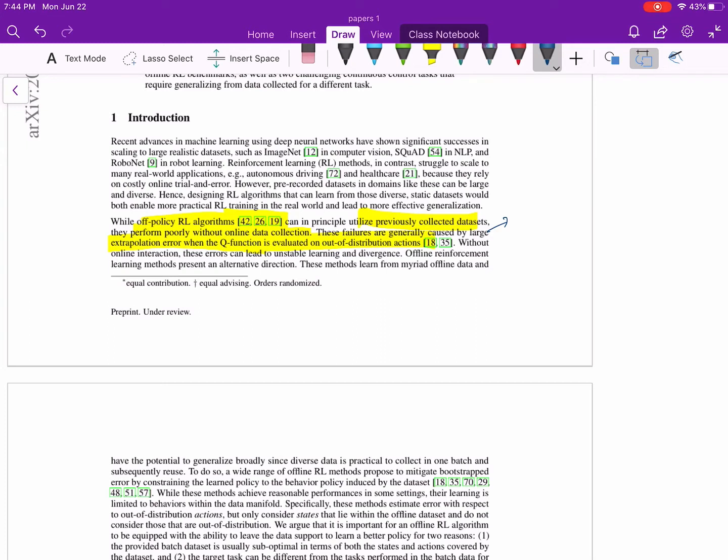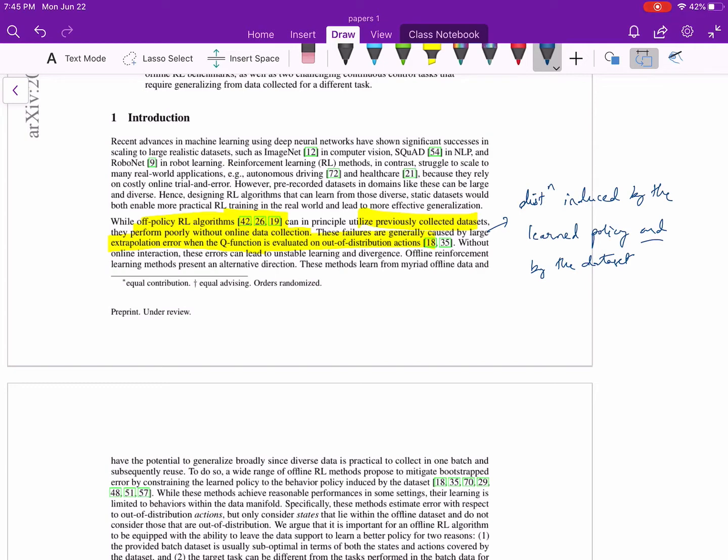Like, let's say the distribution induced by the learned policy and by the data set itself. These two are not the same in this offline setting, so this might raise the extrapolation error.